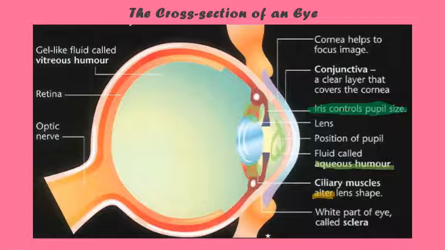And then we have the white part of the eye. Called the sclera. The sclera. And what is the white part of the eye? It's the eye's outer layer, so it doesn't allow it to get too big. It gives your eye its shape. It protects your eye.